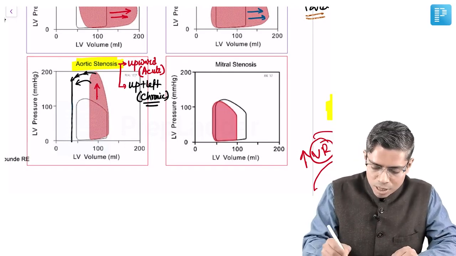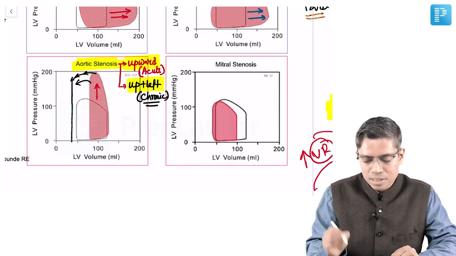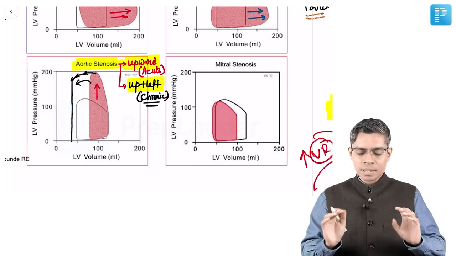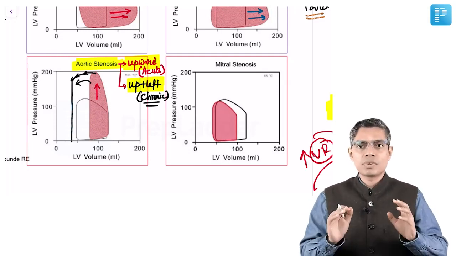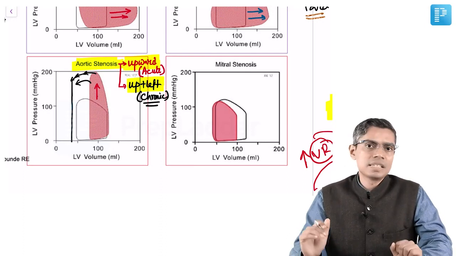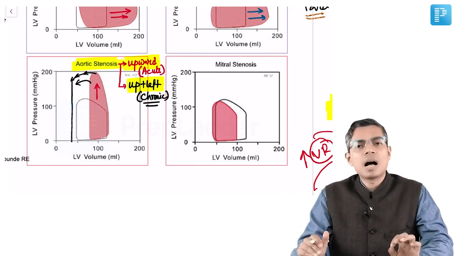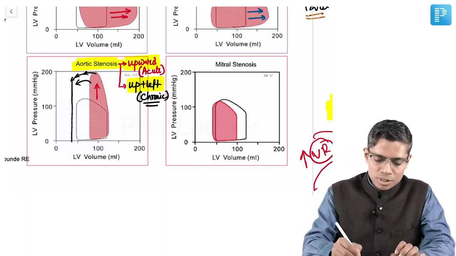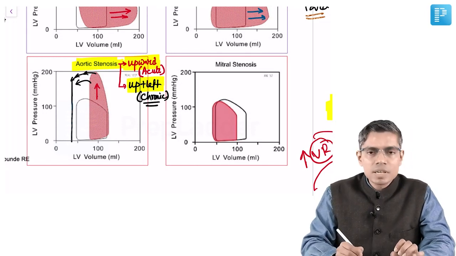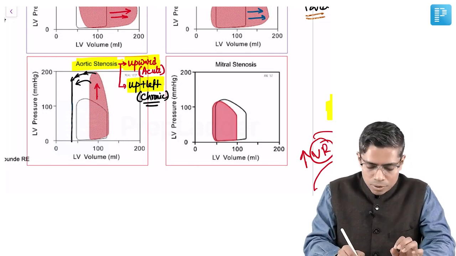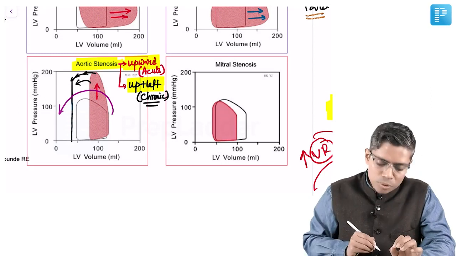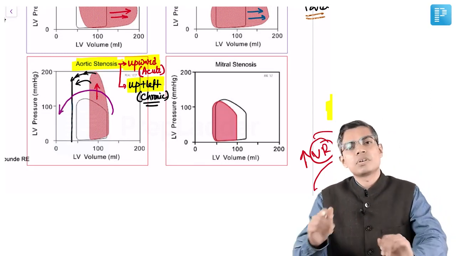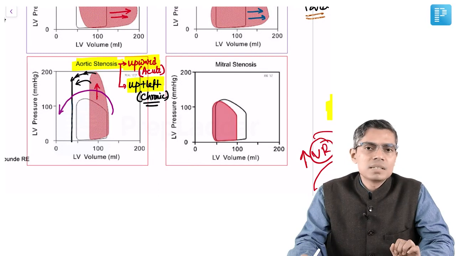In case of acute aortic stenosis, only upward shifting is going to happen. This chronic aortic stenosis was given in the AIIMS entrance examination, but in the option up and left was not there. In the option it was there: counterclockwise movement of the PV loop. So it is moving opposite to the clock direction, counterclockwise movement of the PV loop, that is in aortic stenosis.